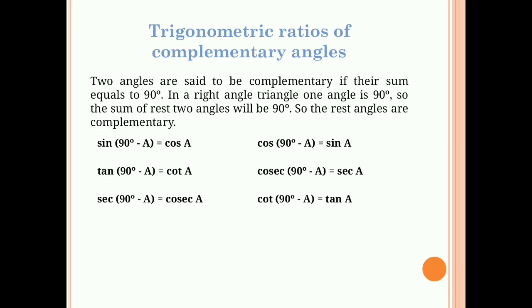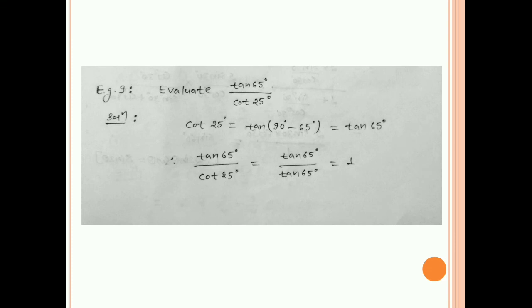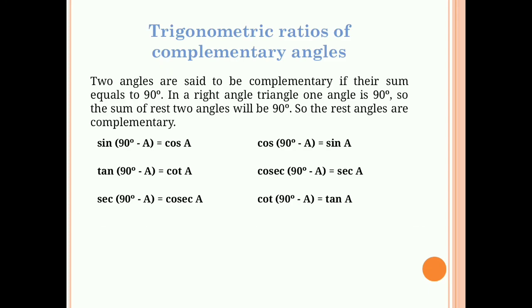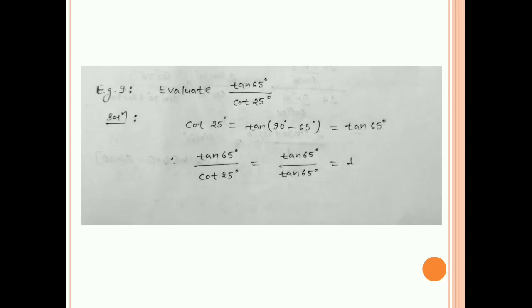From the formulas that we discussed, cot(90 − A) is tan A. So we can write cot 25 as cot(90 − 65) degree.